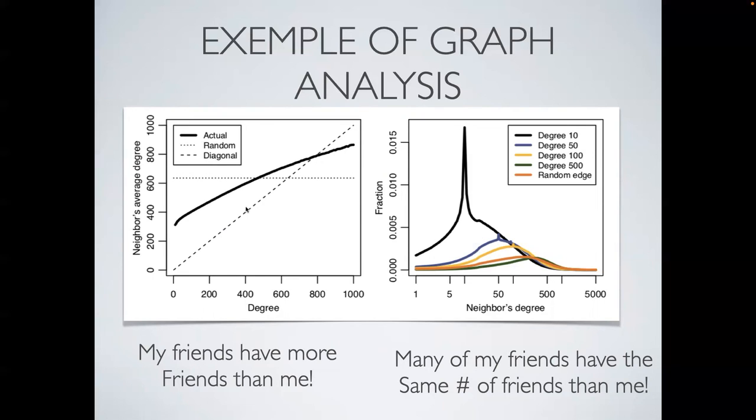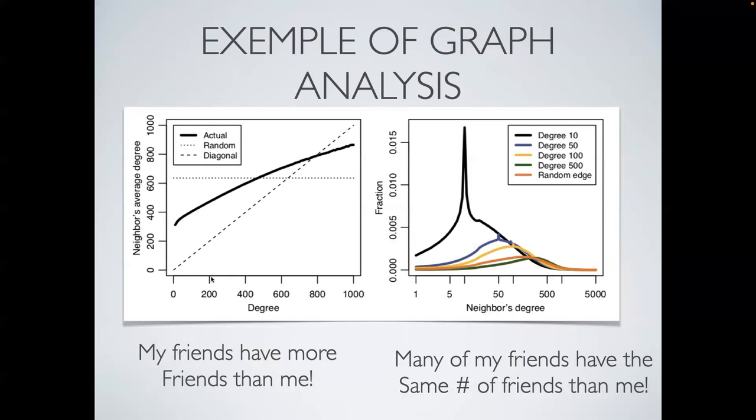Something interesting is this observation: if you plot the degree of a node relative to its neighbors' average degree, it's a little bit counterintuitive. If you have 100 friends, on average your friends have a degree of 400.